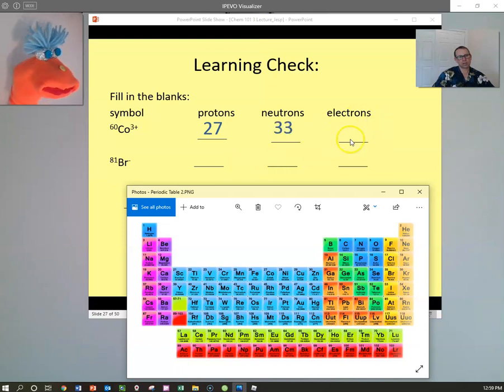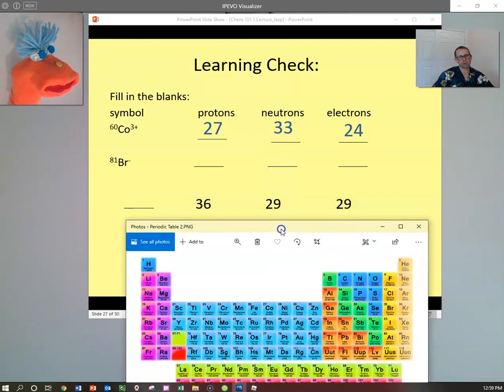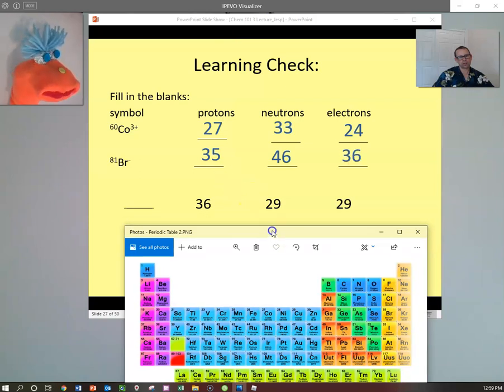Now electrons. Let's see. Plus 3 charge. So 27, not adding 3, but it means it's lost 3, so 24 electrons. That's right, 24 electrons. Bromine 81: 35 protons, 46 neutrons, and 36 electrons. Very good. Excellent job.